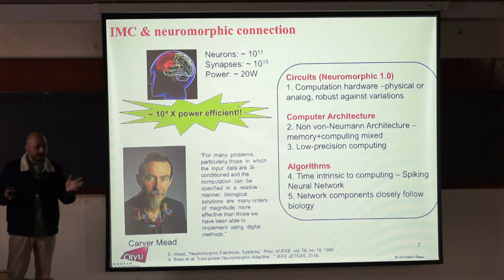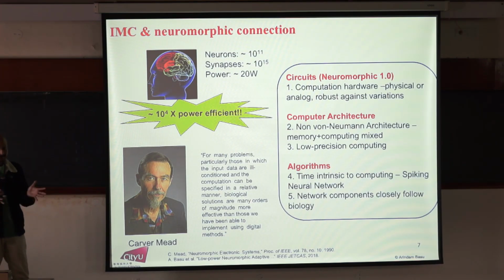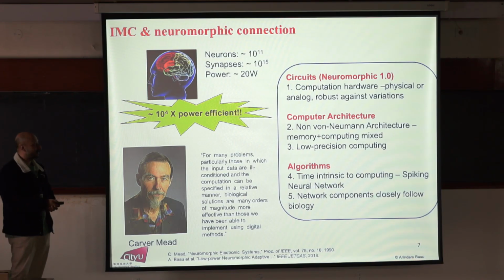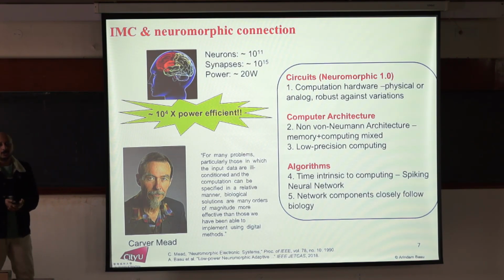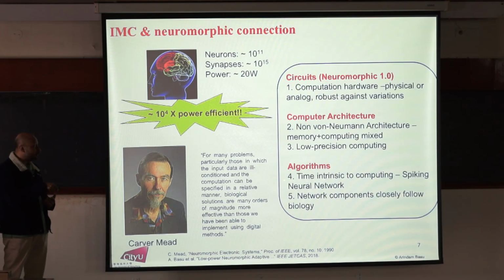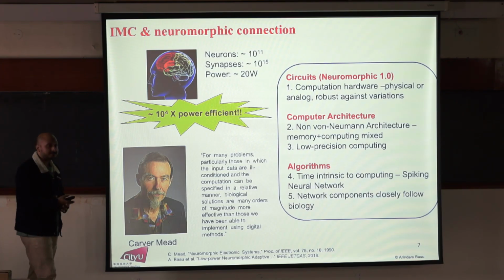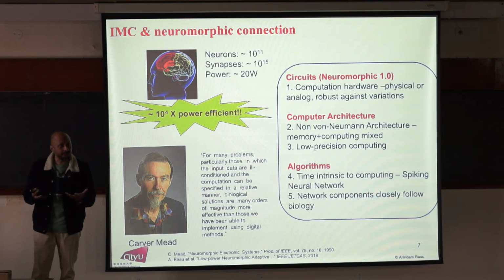Since then, in the last maybe 10, 15 years, the term has broadened a little bit. Talk with people in computer architecture, they will talk about non-von Neumann architecture, where memory and computing are mixed, as also neuromorphic. You talk with people in computer science who are doing algorithms, and they'll say that if time is intrinsic to computing, if you have something like spiking neural networks, that's neuromorphic computing, and so on.